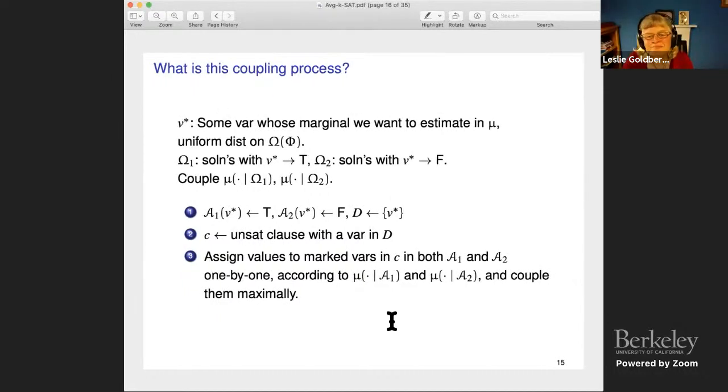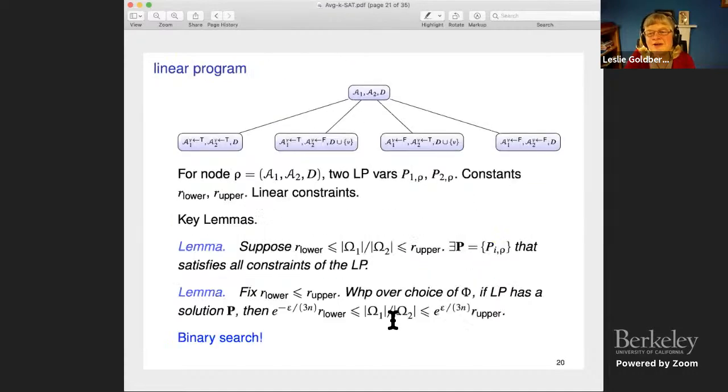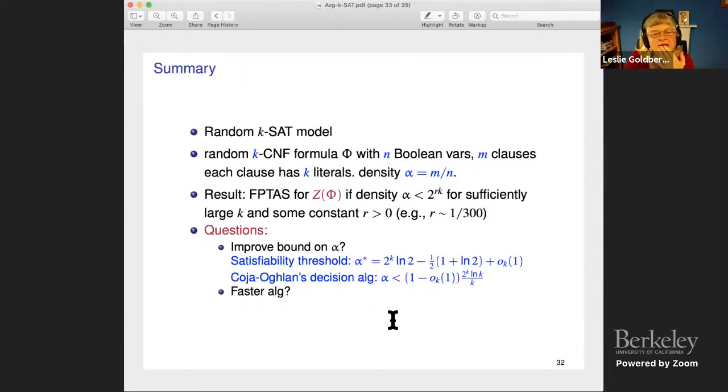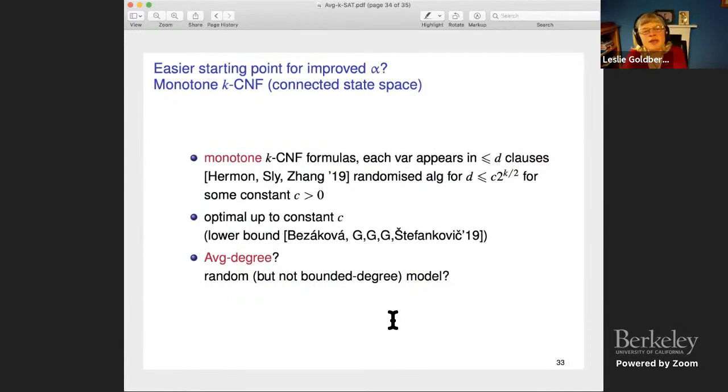And actually, definitely not. So actually what I wanted to say is that if you were gonna try to get closer to the threshold and not all the way there, you might start with the monotone case, okay? Because at least you've got a connected state space there.